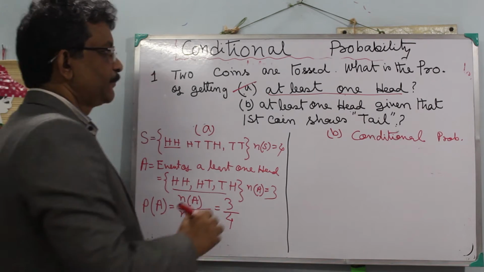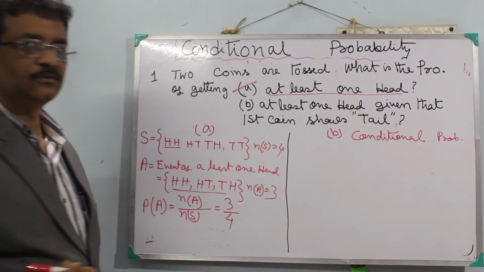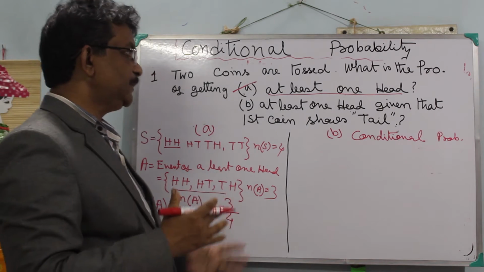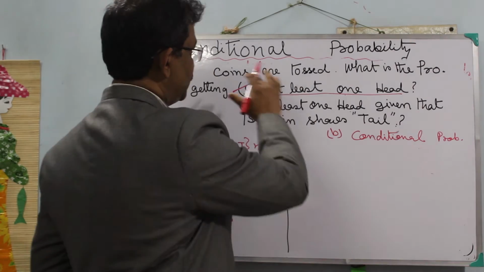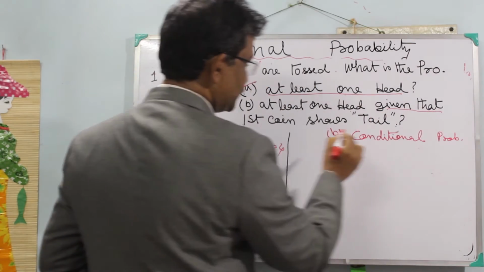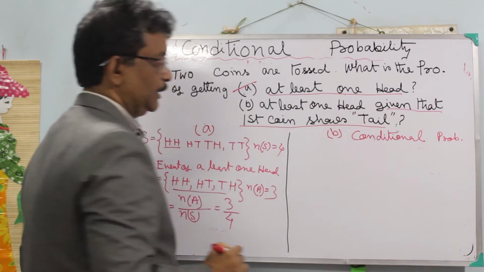Now B: at least one head, given that the first coin shows tail. So you have been given additional information. In conditional probability, you will be given additional information, given that the first coin shows tail.